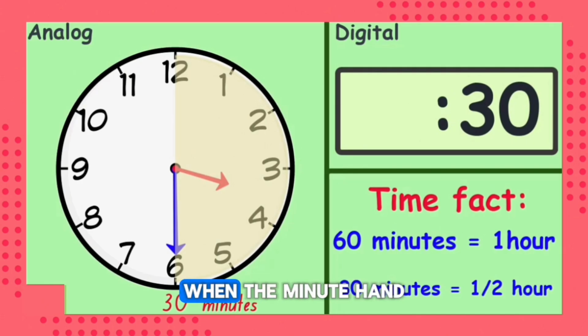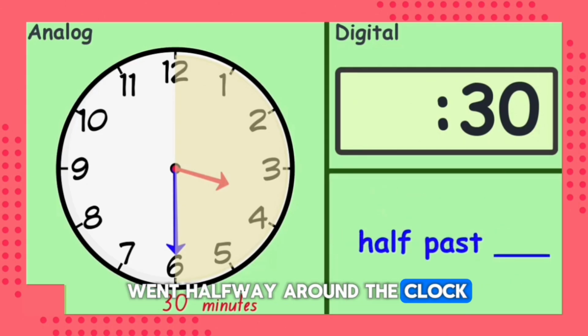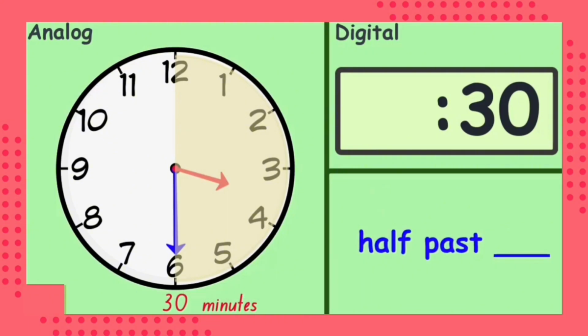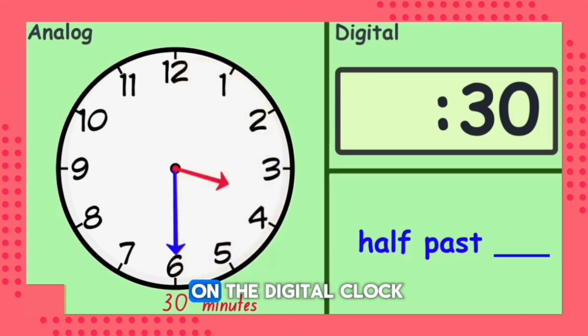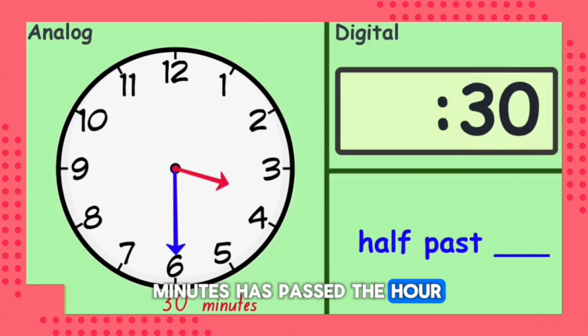That's also why when the minute hand is pointing to the 6 we say it is half past something because the minute hand only went halfway around the clock. That is also why on the digital clock it says 30, because it indicates 30 minutes has passed the hour.